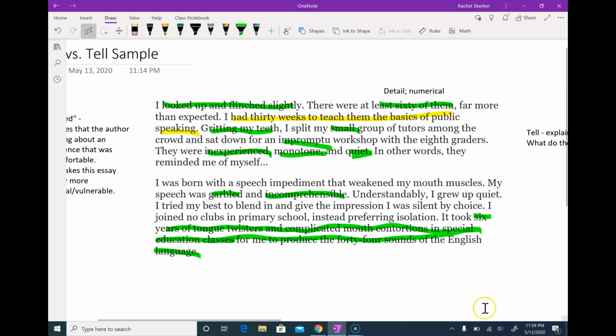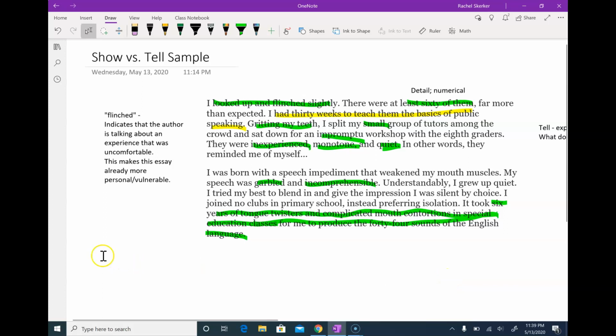So really when you're thinking about show, that's the other side over here, you want to think about providing as much detail as possible. This can be done through adjectives, sensory detail, figurative language, all that fun stuff.